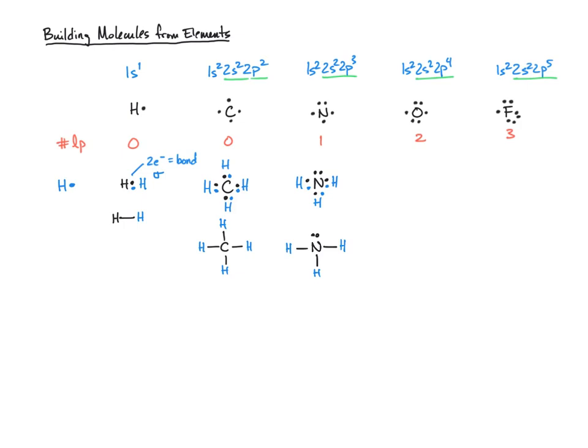Our next element, oxygen, 2 lone pairs, unpaired electron, there's 2 of them. We bond those to hydrogen, then we can convert that into this type of conventional drawing. So that's water. And then finally, for fluorine, we see that we're going to form a single bond because of the 3 lone pairs.